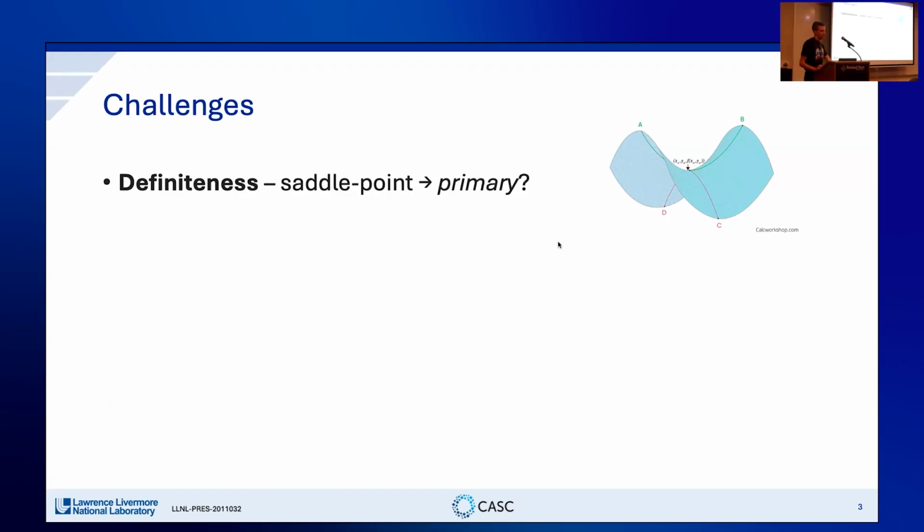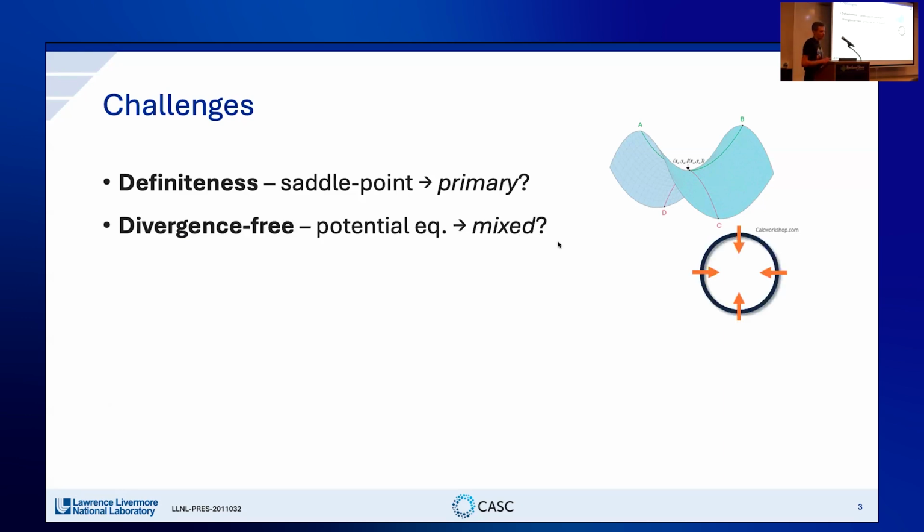The stationary problem approaches a saddle point. So this rather favors a primary formulation with a single equation. On the other hand, we would like to preserve maybe the divergence-free structure of the problem. So this would favor rather the mixed formulation, where basically the potential equation itself becomes the divergence constraint. And also we would like to have that local conservation, as I have mentioned.